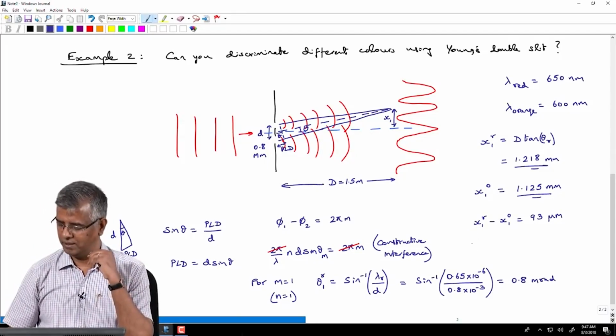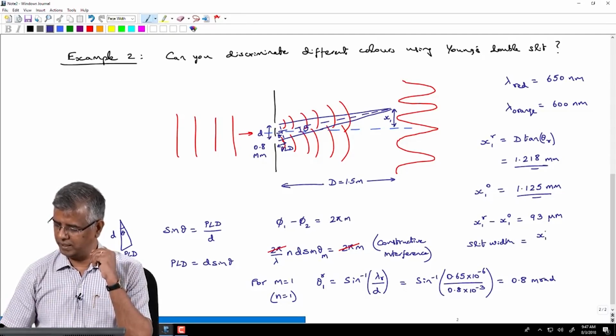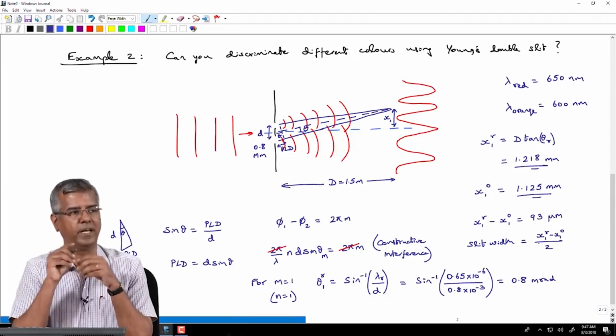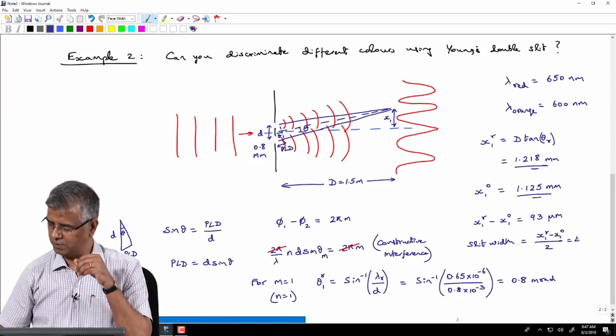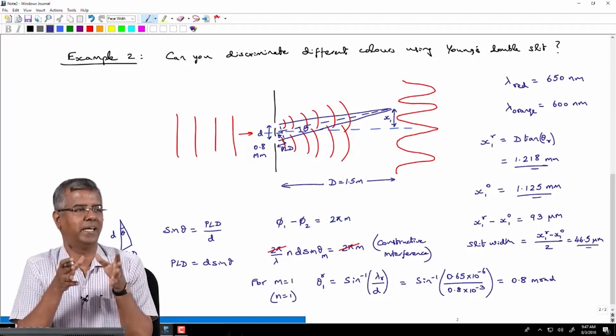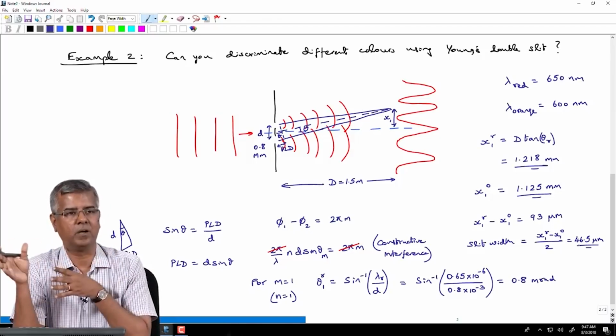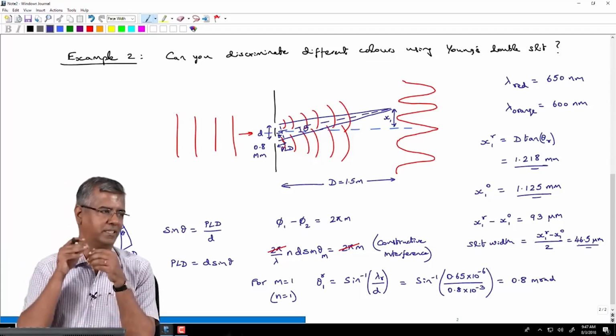So, the slit width to discriminate the two is basically, if you say half of that as a slit width, this corresponds to 46.5 microns, then you get predominantly red or predominantly orange depending upon moving that slit.